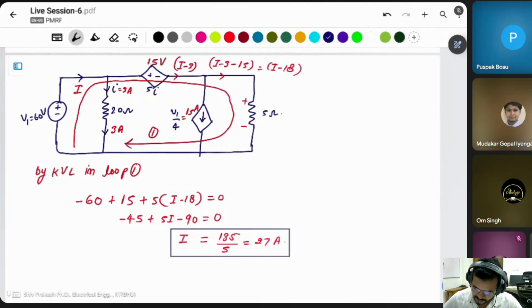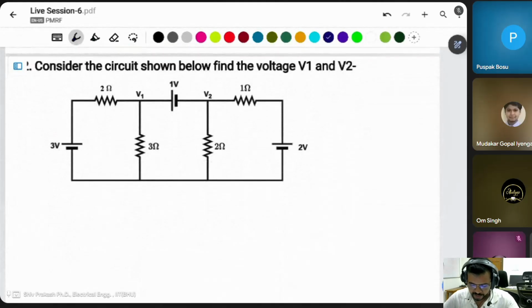Okay. Let's try the next question. This question also has a super node. These are two nodes, V1 and V2. You have to find the voltages V1 and V2 in this case.